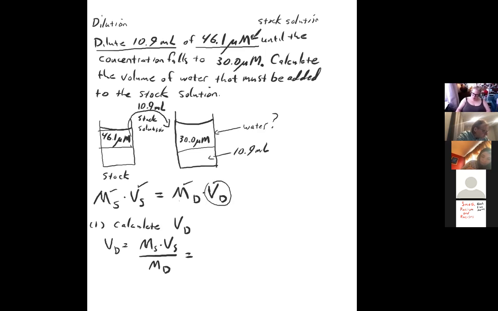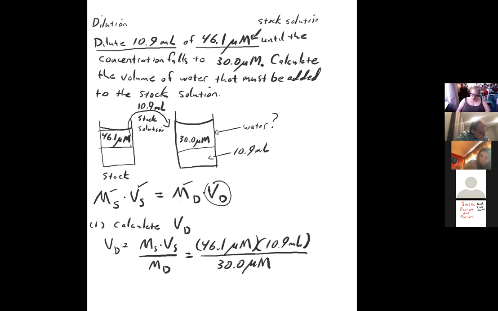So molarity of the stock is 46.1 micromolar. Volume that we're transporting over is 10.9 ml. Divide that by the concentration of the dilute, which is 30.0 micromolar.